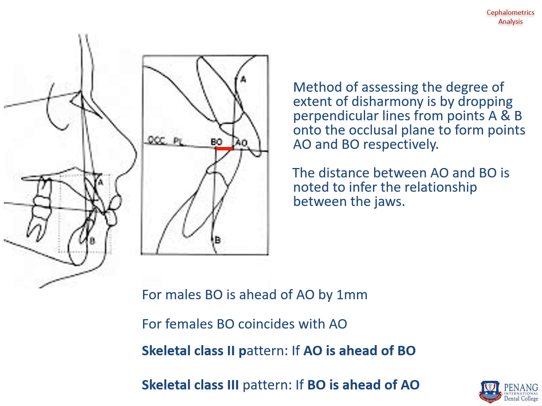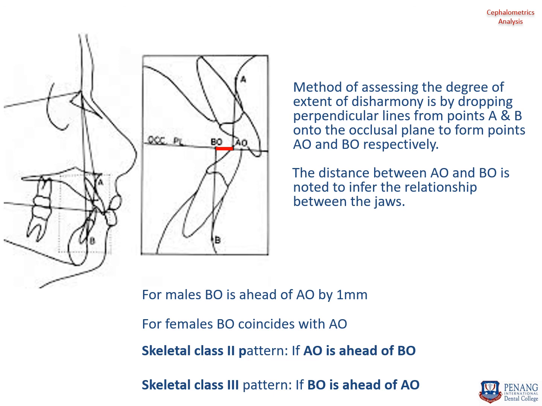Basically, you just drop a line from point A to the occlusal plane, the same way from the occlusal plane to point B. Then you measure the difference between these two lines, as indicated in the red line. This distance between AO and BO is what will give you the relationship between the jaws.